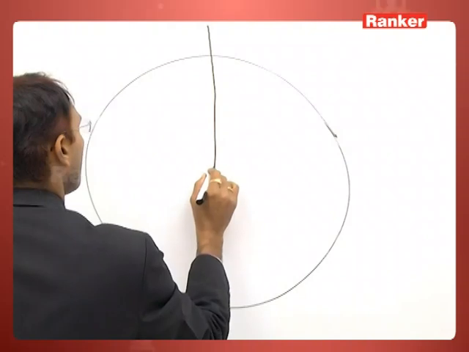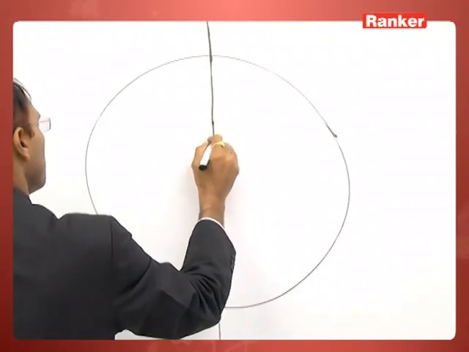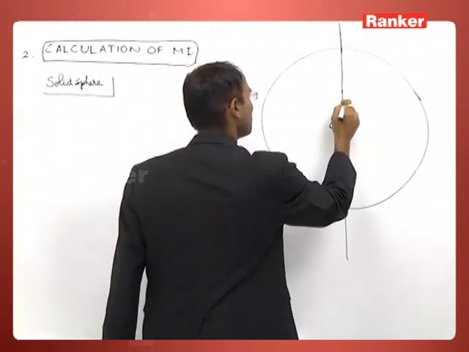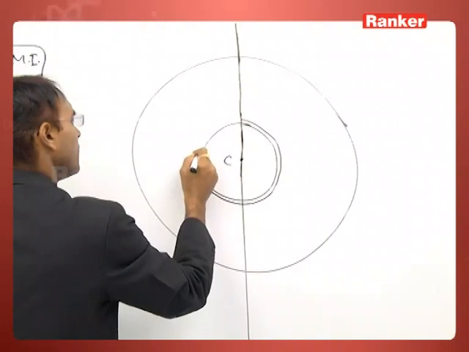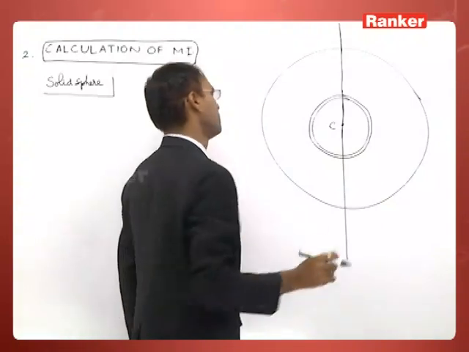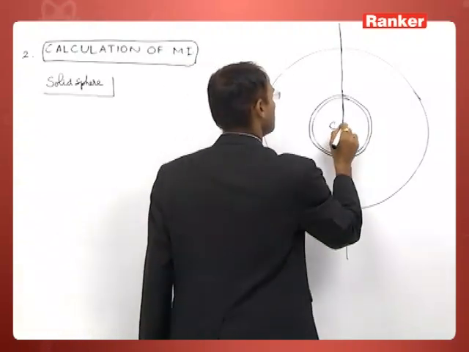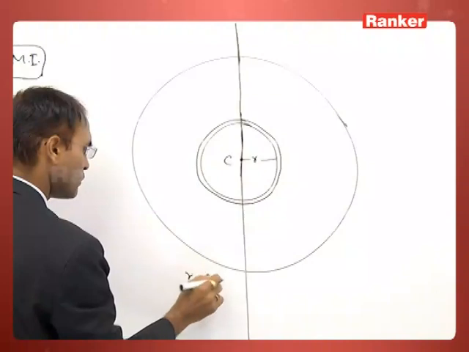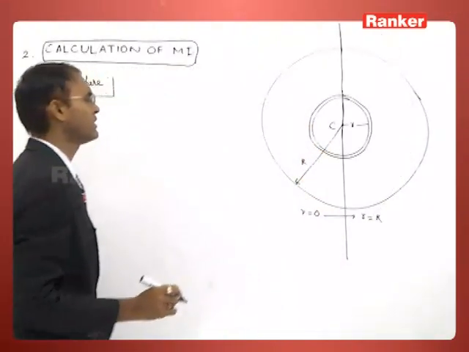Let it be y axis, say. A solid sphere is the combination of innumerable concentric thin spherical shells whose radius ranges from r is equal to 0 to the radius of the sphere.